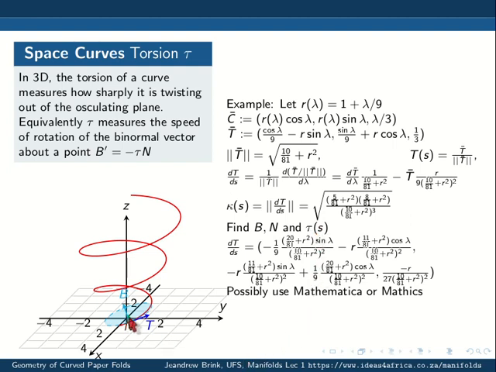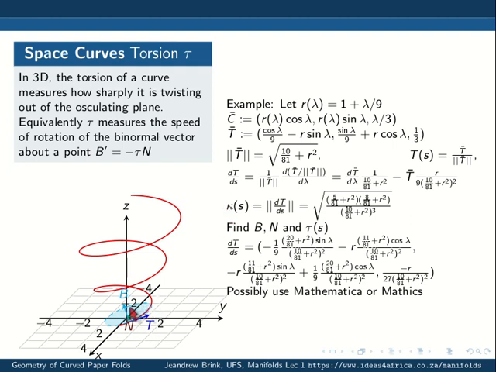So what I want to illustrate here is that at each point, my blue vector is my tangent vector. My normal vector points in from the tangent vector, and in the plane created by the normal vector and the tangent vector, I drew that circle with radius 1 over kappa of s.